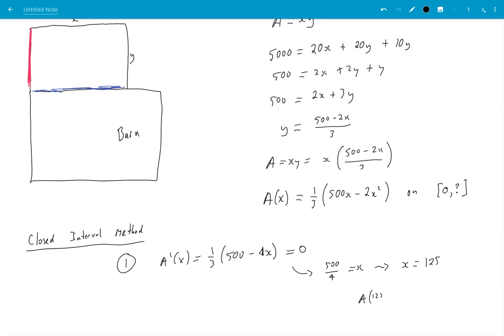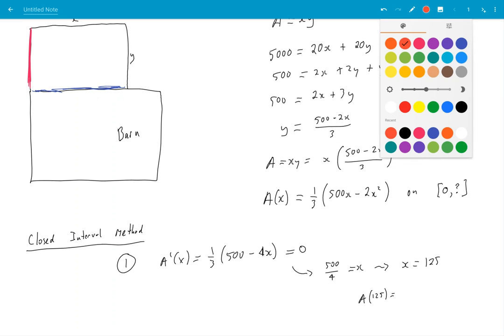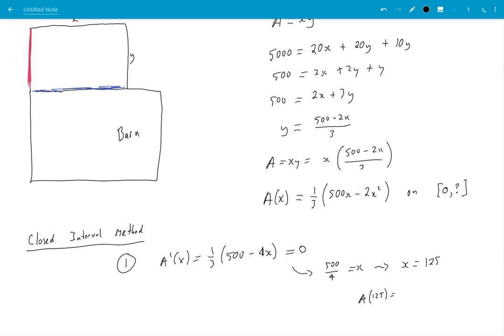Area. What's the area? Where am I going to plug this in? I'm going to plug it in here. So what do I get? 125 times 250 over 3, which is not a very nice number.